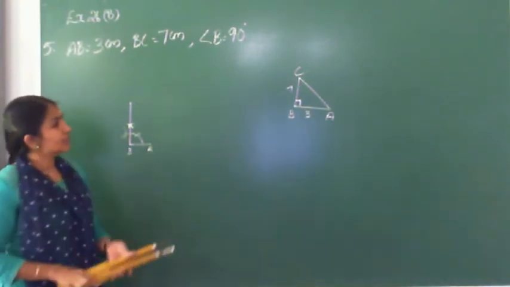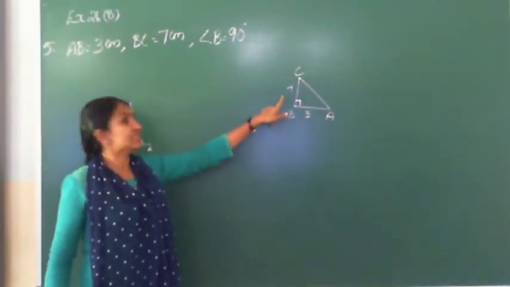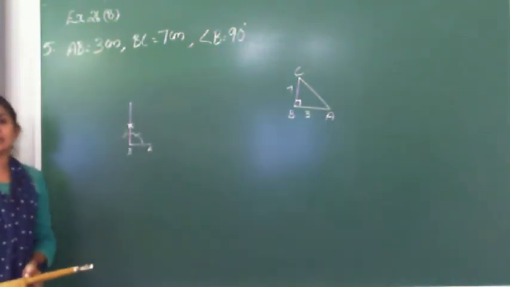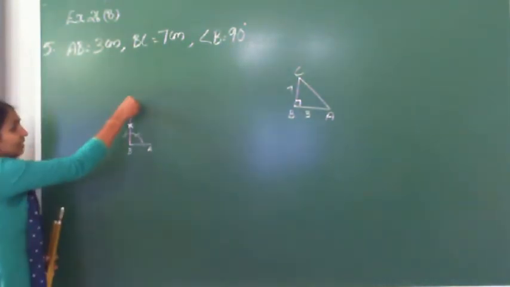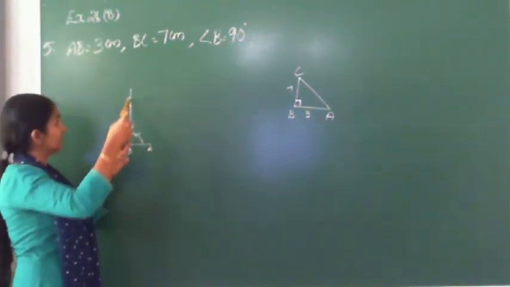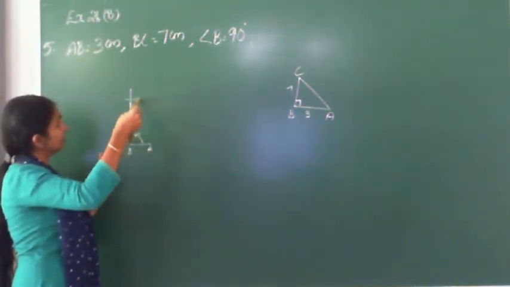Now see, BC is 7 centimeter. So in your compass we have to take 7 centimeter, and keeping B as center, just cut this line.